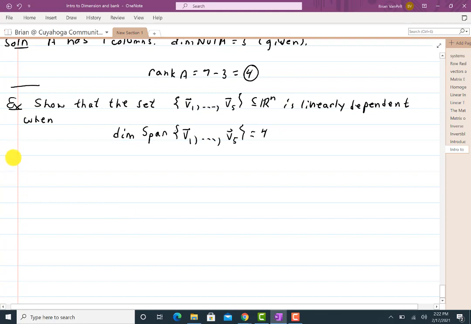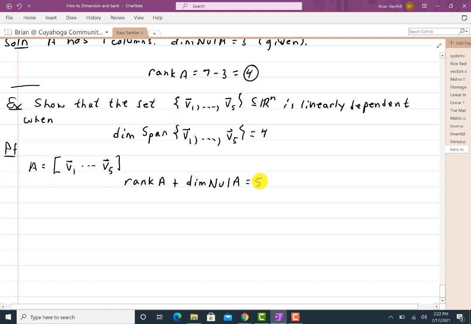But to solve this then, let's let the matrix A equal the vectors V1 up to V5. Remember, rank A plus dim null A must equal 5.